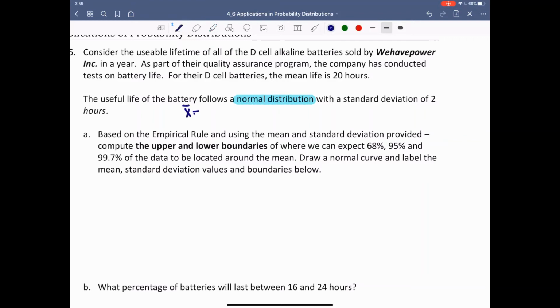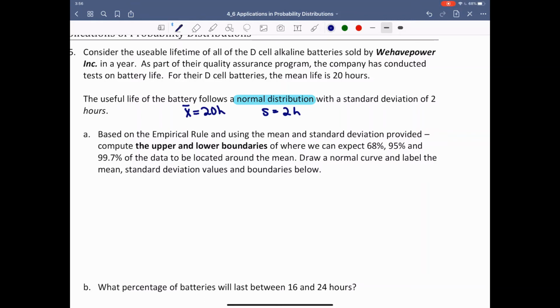Based on the empirical rule and using the mean and the standard deviation provided, compute the upper and lower boundaries of where we can expect 68%, 95%, and 99.7% of the data to be located around the mean. And draw the normal curve and label the mean, standard deviation values and boundaries.